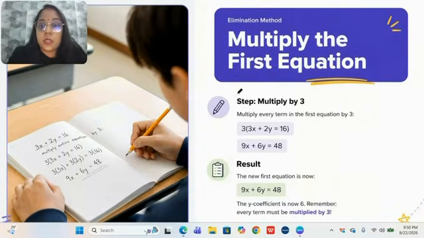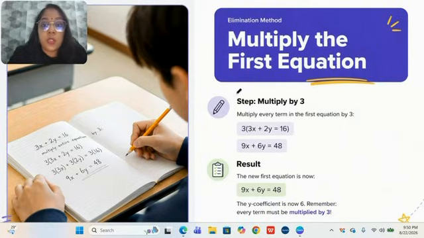Okay, now let's perform the calculation carefully. I want us to take this one step at a time because algebraic accuracy is important. Our first equation is 3x plus 2y equals 16, right?